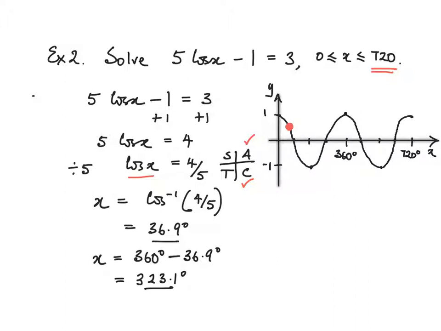There's a point here. If I want to get to the same point in the second cycle, which is to say this point here, then I add 360 degrees. If I want to get to this point here, to the same point on the second cycle, I do exactly the same. I add 360 degrees.